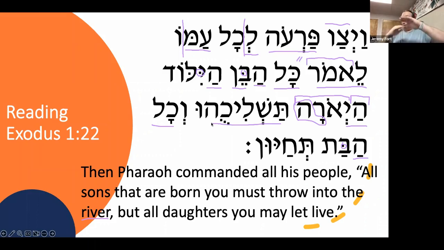So the order of the words has been shifted in the Hebrew a bit to try to get you to understand. You don't have to join all this together to say a son, when they're born, towards the Nile, you shall throw them, cast them into it. And so it's changed up the order just to give a little emphasis to it. Okay.